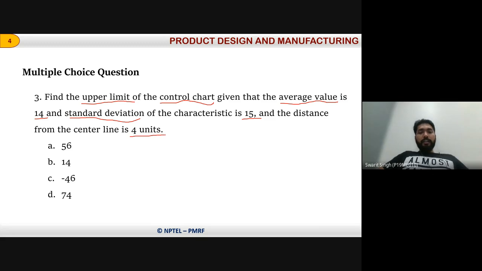Now we have to find the upper limit of this control chart. So kindly calculate the upper limit and come up with an answer. Options are given: 56, 14, minus 46, and 74.